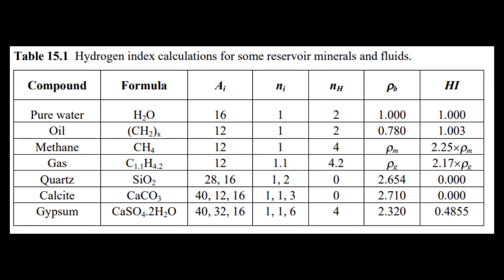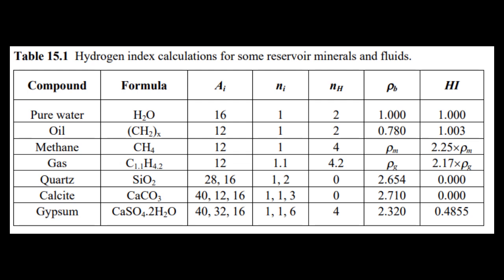The point that I want to make with this is that, let's say we have a pure clean limestone with 0 porosity, the hydrogen index is going to be 0 because calcite has no hydrogen at all. And if we have a zone with 100% water, the hydrogen index is going to be 1.